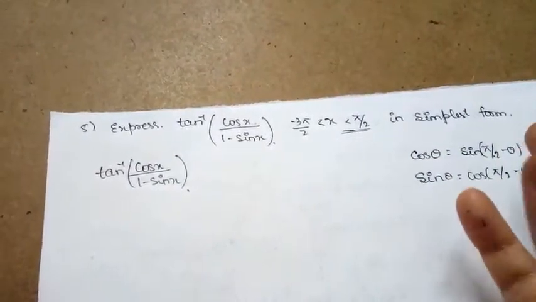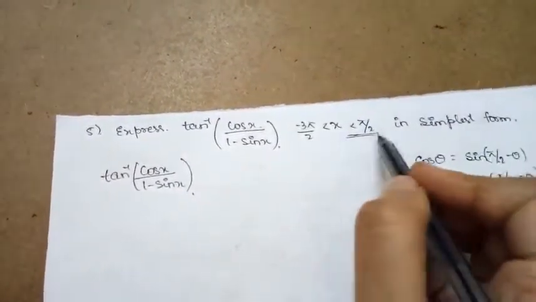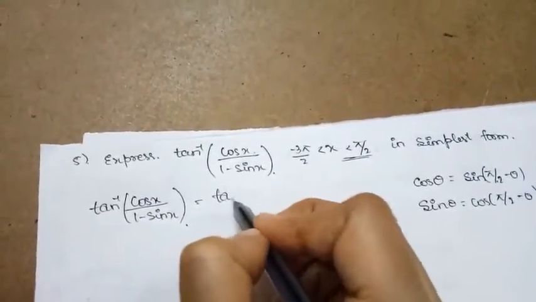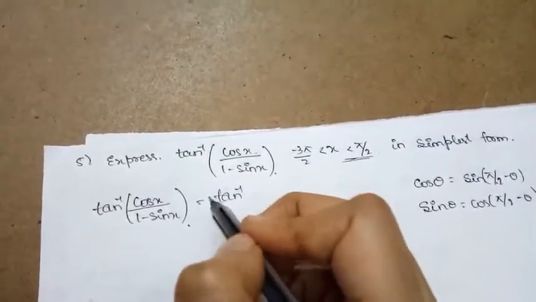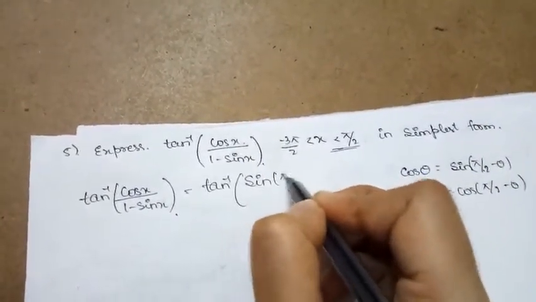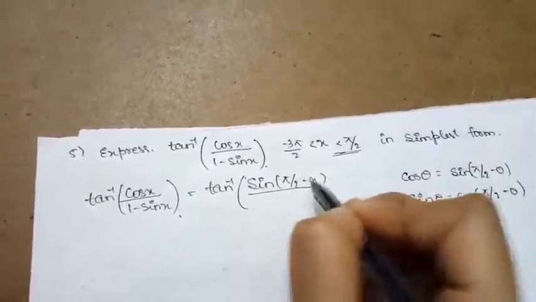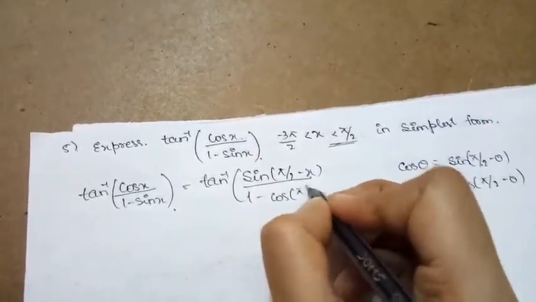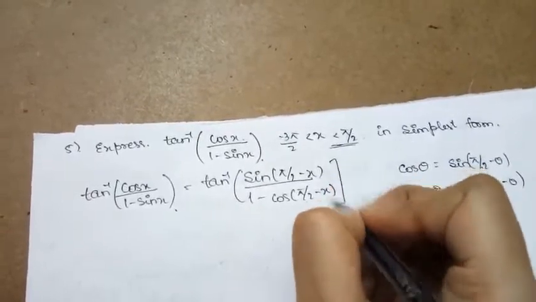So pi by 2 theta means what? It is coming within this range itself. So what happens now? I can write cos x as sin(pi/2 - x), and 1 - sin x as cos(pi/2 - x).